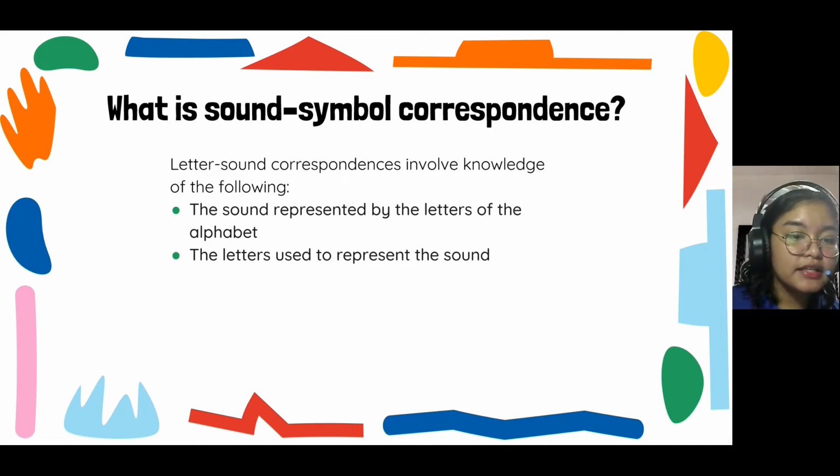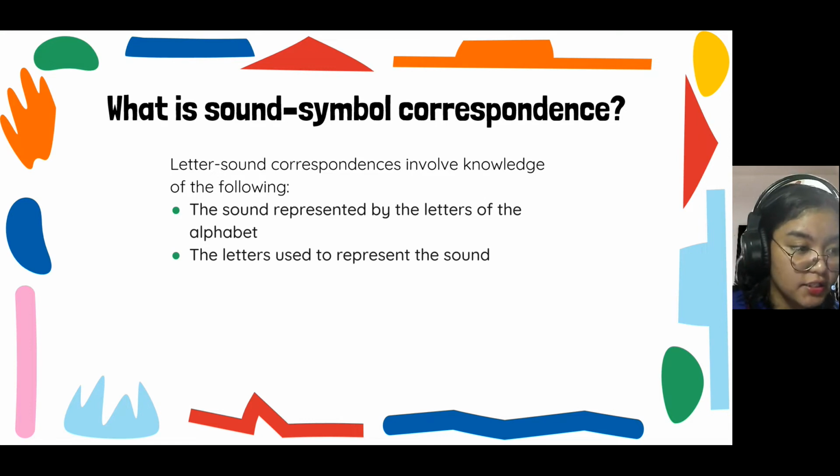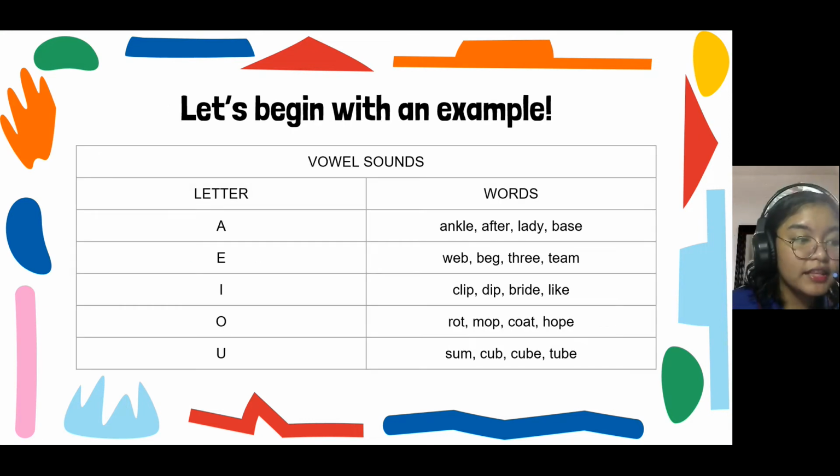So now let's begin with the example in the vowel sounds. This sound has long and short variations. Let's begin with letter A. The sound of letter A is ah, for example, in ankle, after, lady, and face.